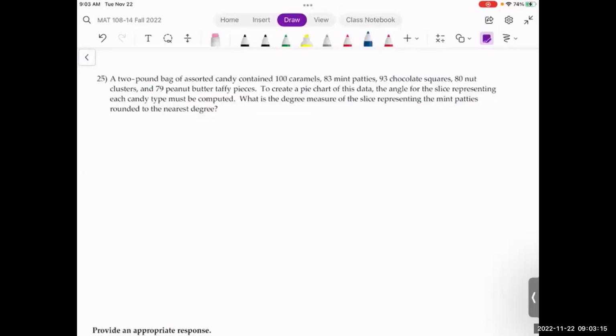So what I'm going to do here is I'm going to do the x's. All right, so the first x is going to be caramel, right? And then this is the frequency, right? So we have 100 caramels.